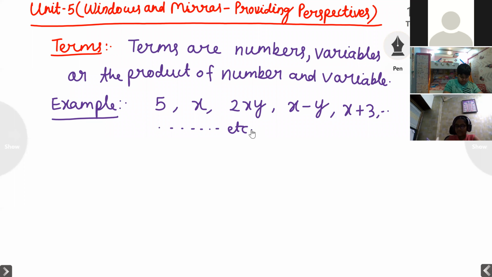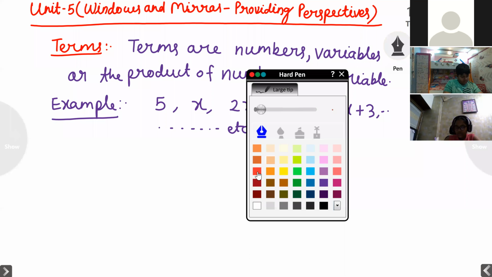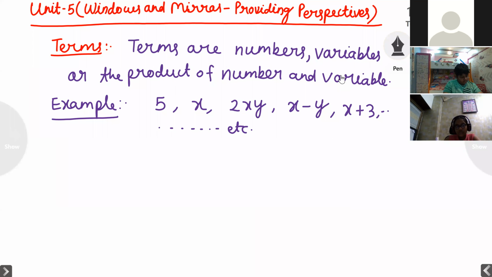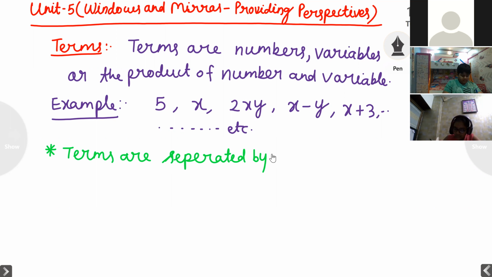Now keep the first star point. Terms are separated by plus and minus sign.